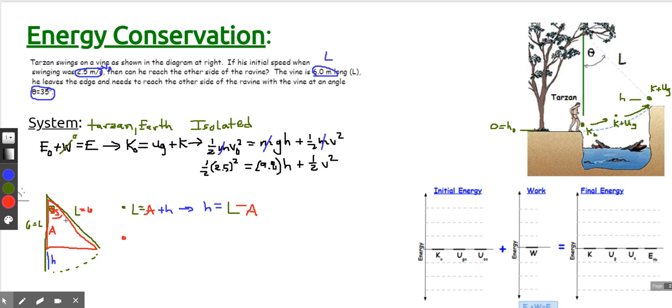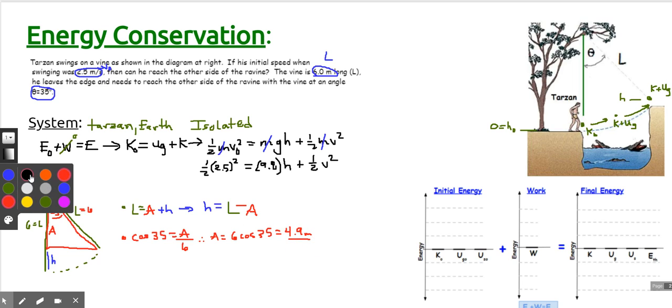So in this triangle, I think I have an adjacent and a hypotenuse and angle, so I can say cosine of 35 degrees is going to equal my adjacent over my hypotenuse, which we know is 6. Therefore, we can say A is equal to 6 cosine of 35, which is equal to 4.9 meters.